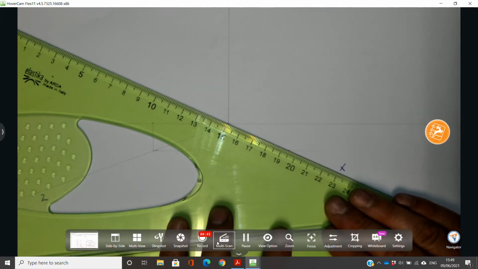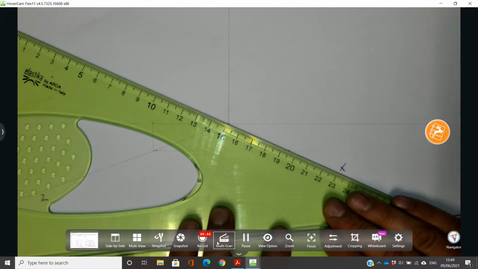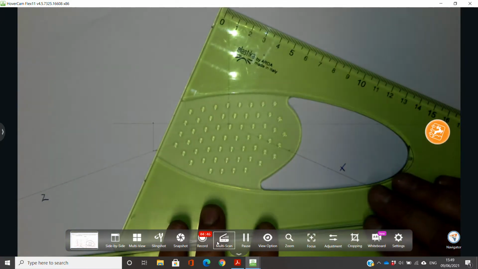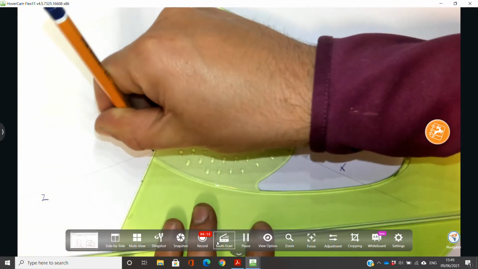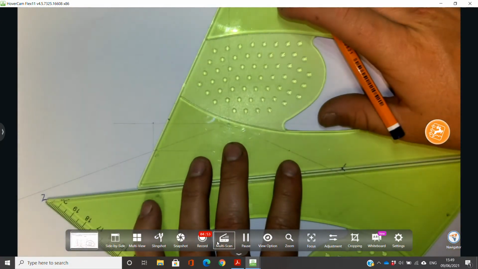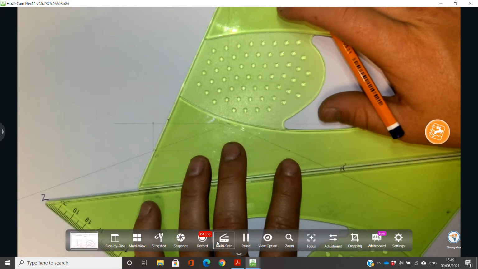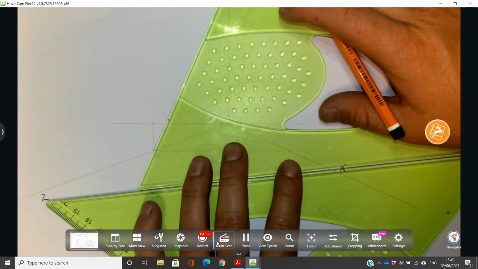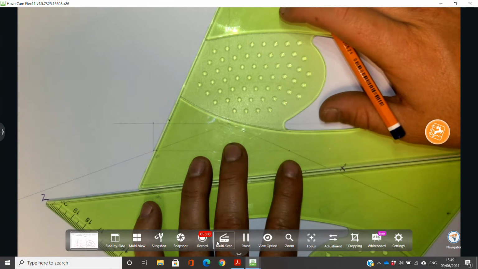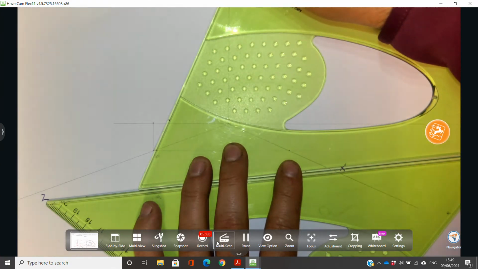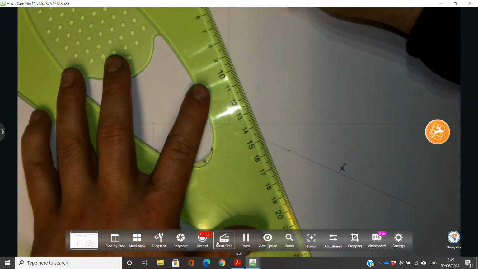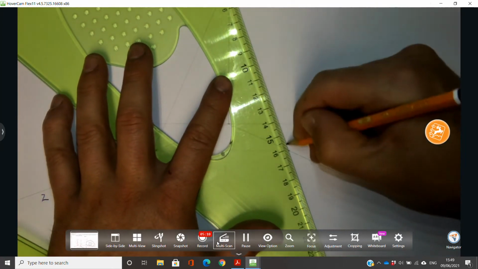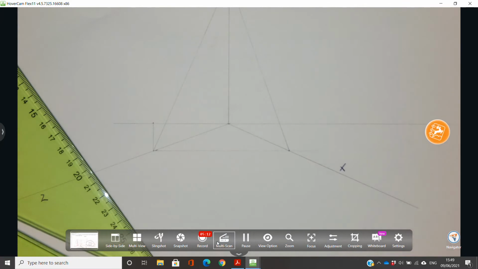So I'm going to line my set square up with the x-axis, and slide it on to point A, and I can draw in that line, which is A to C. Then I can join it back, once it hits the y-axis, to B. I'll zoom out a bit so you can see.